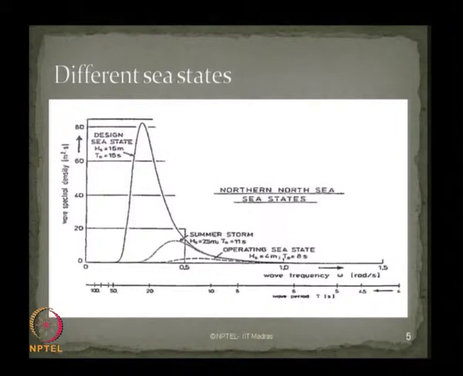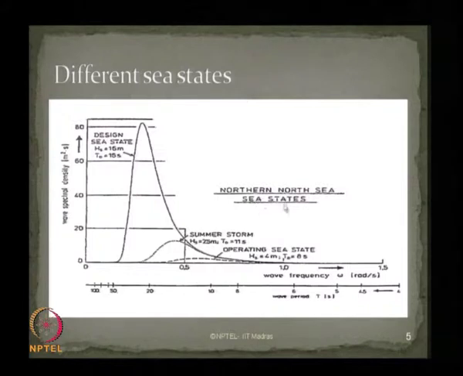If you look at the different sea states where these structures are generally deployed, the figure on the screen shows them. This is the typical curve which shows the northern North Sea states.